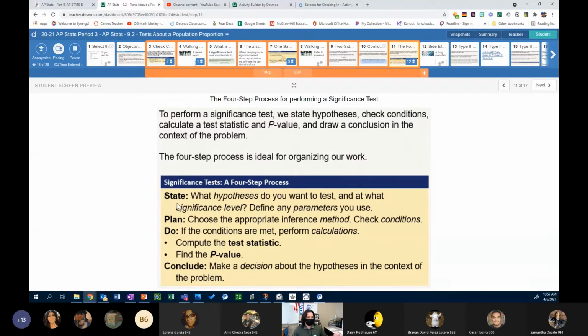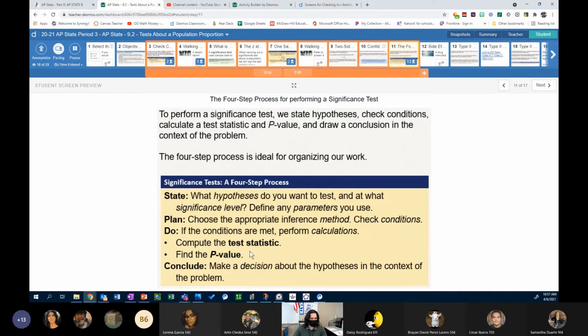State: what hypotheses do you want to test and at what significance level? Define any parameters you use. Plan: choose the appropriate inference method. Check conditions. If the conditions are met, perform calculations.